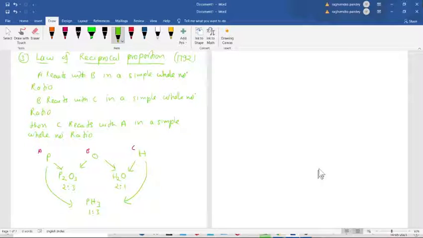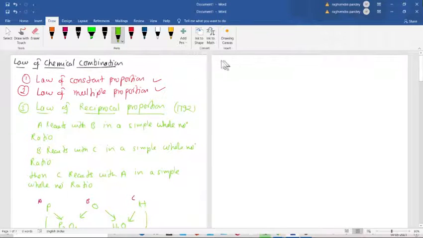So have you understood this one? Now let's take another example of this concept. Let's take carbon, oxygen, hydrogen. That will be simpler for you.